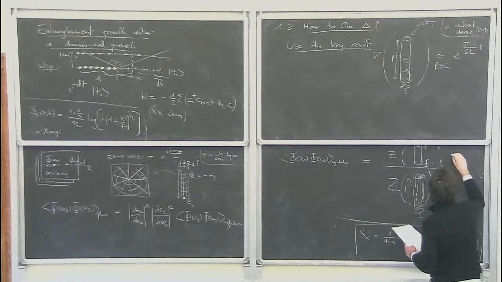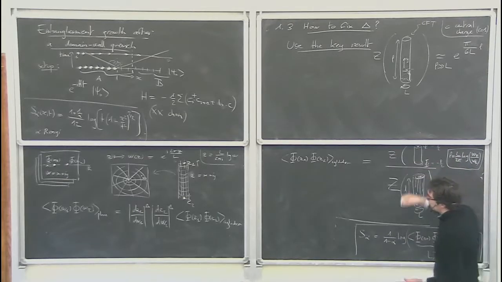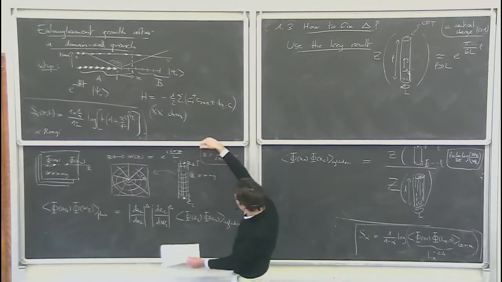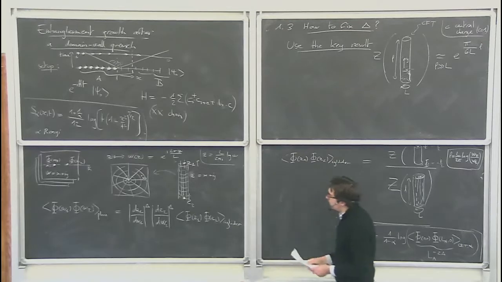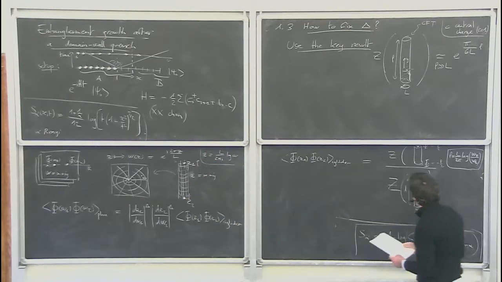Okay, this is important. So this is the distance between the two points Z1 and Z2, after we have done this mapping.